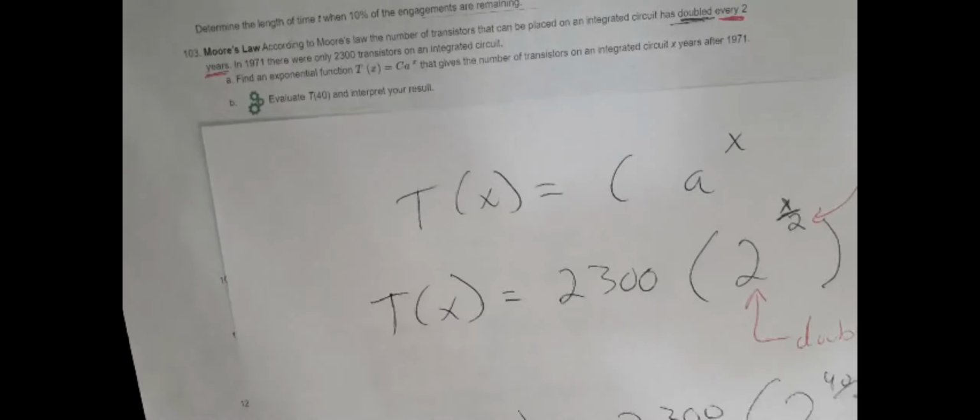In the year 2011, there will be, or there are, this 2 billion number. And what do those represent? Again, what did they say? Transistors on an integrated circuit is what we are talking about.